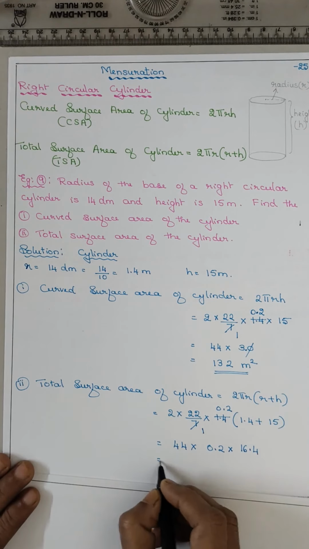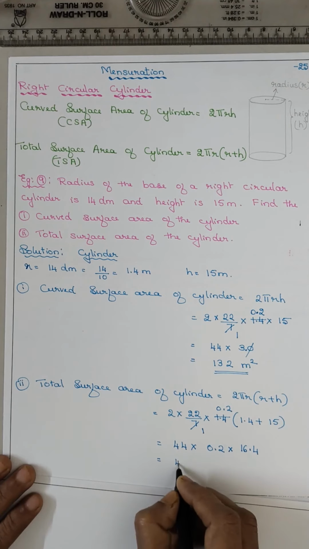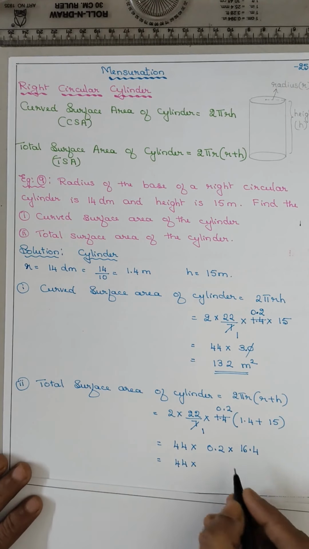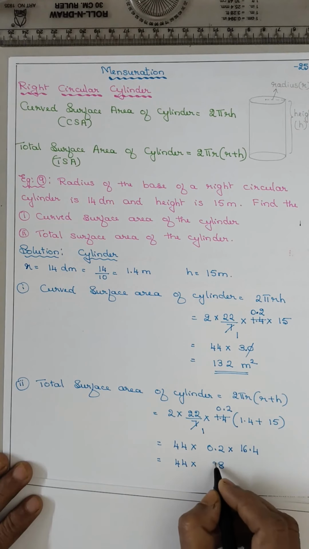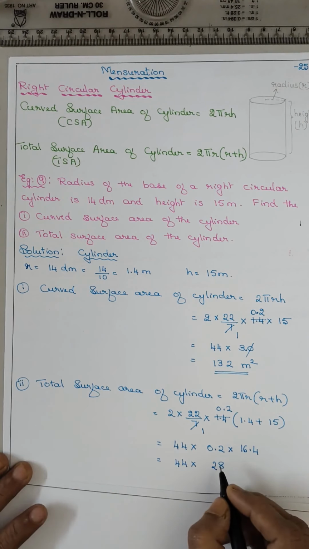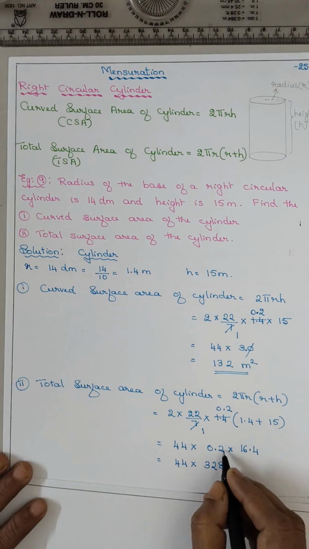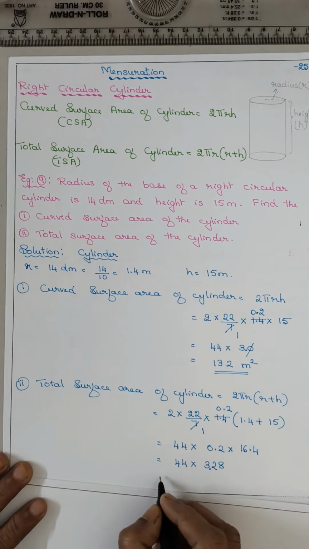that is 16.4. So you get 44 into 2 fours are 8, 2 sixes are 12, 2 ones are 2 plus 1, 3. This is 2 decimals, so 328.